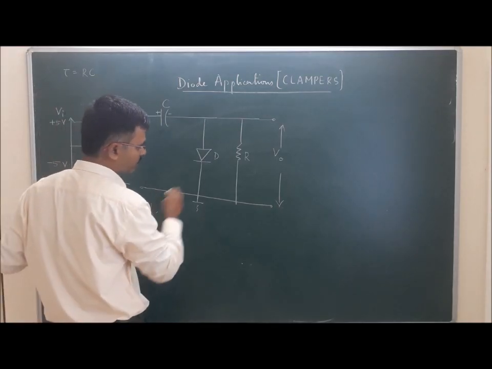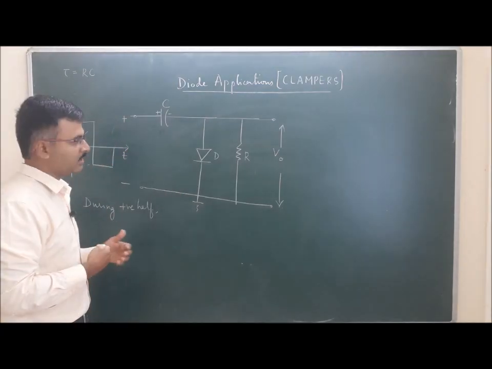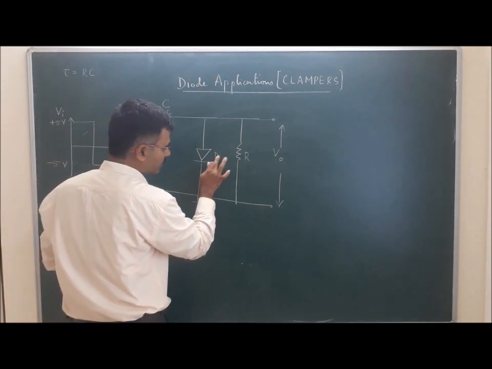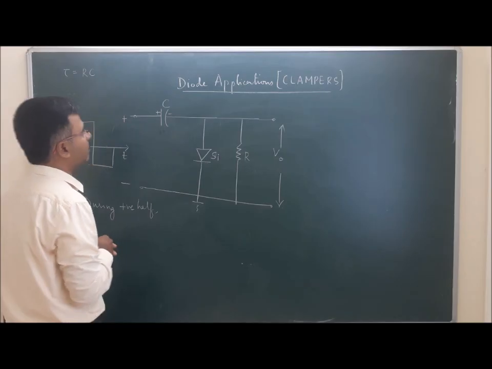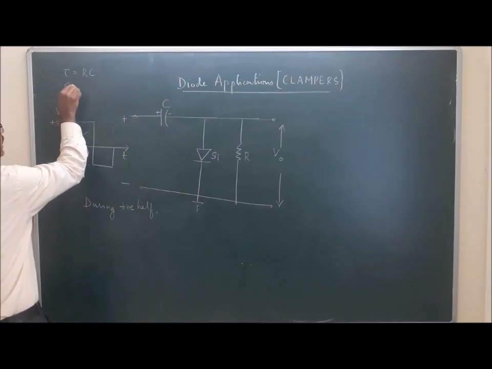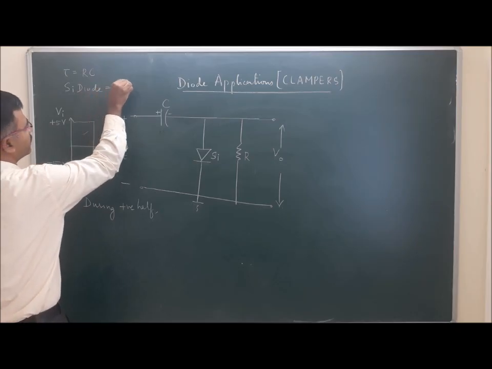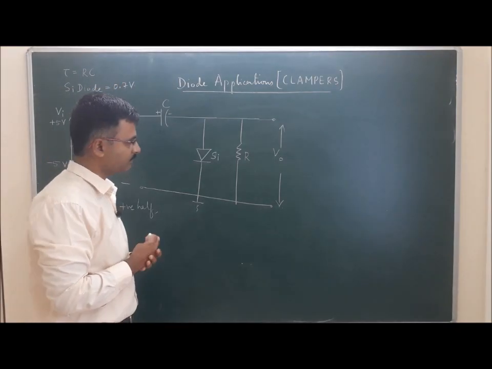Now because you have a diode, we'll consider it to be a silicon diode. The drop across the silicon diode is 0.7 volts. So we'll have to make that assumption.